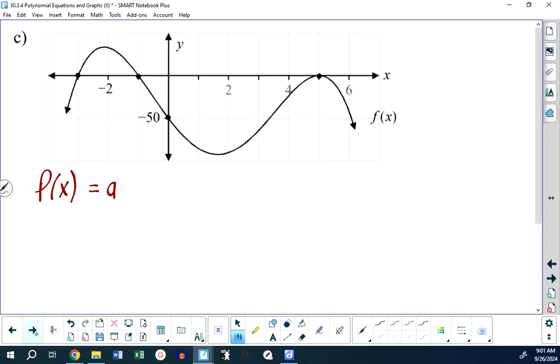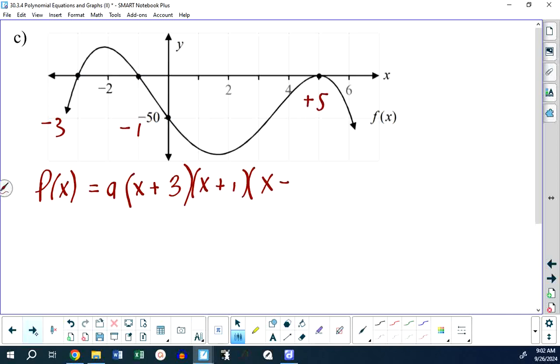I see an x-intercept of negative 3 with a multiplicity of 1, so it's x plus 3. I see an x-intercept of negative 1 with a multiplicity of 1 as well, so it's x plus 1. And since this is positive 5, I will have x minus 5 as a factor, but it occurs twice because of the multiplicity of 2.